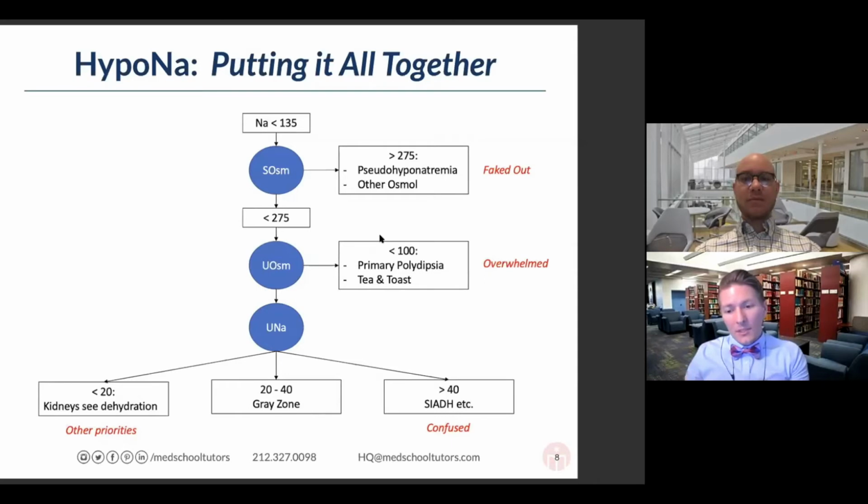And so as a result, we would say, yes, we have a messed up serum sodium. Yes, we have a messed up serum osmolarity. But the reason we have those things messed up is because our body is saying, I would rather dilute my sodium in order to bring more fluid into the body because you are bleeding to death and you need more fluid. That is the basic way to look at that far left category on this flow chart. The other priorities are keeping you alive because you're so hypovolemic you're about to die.